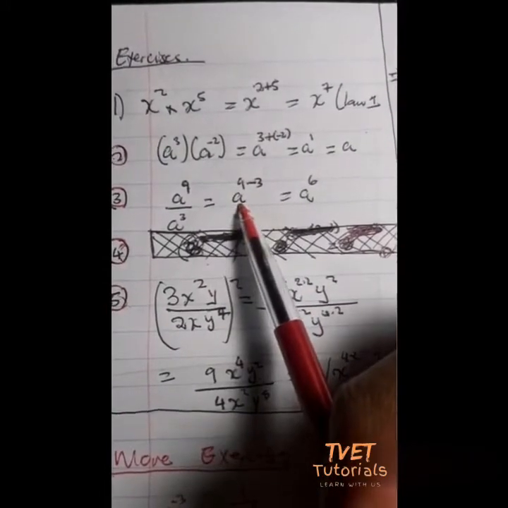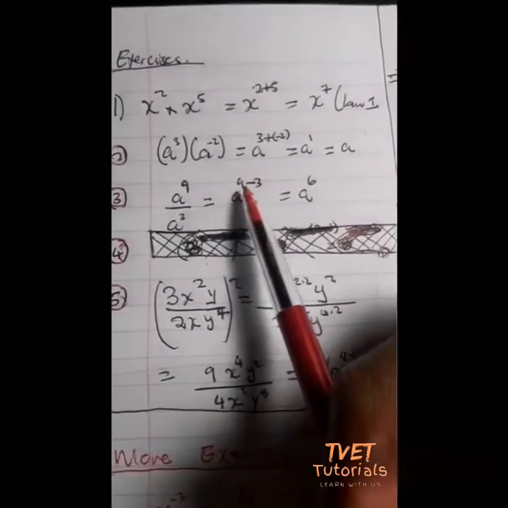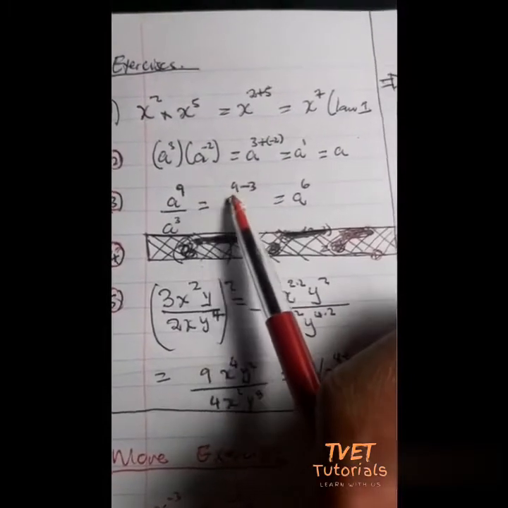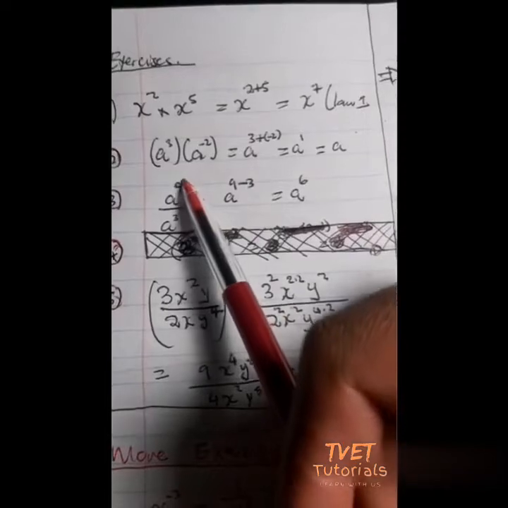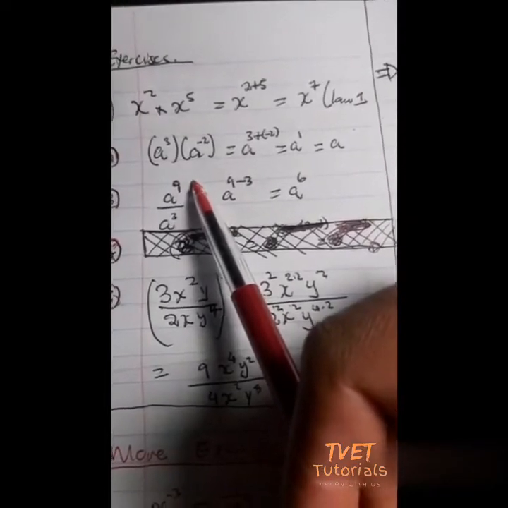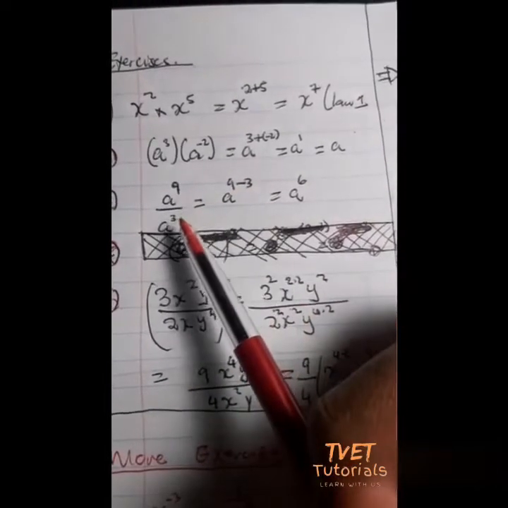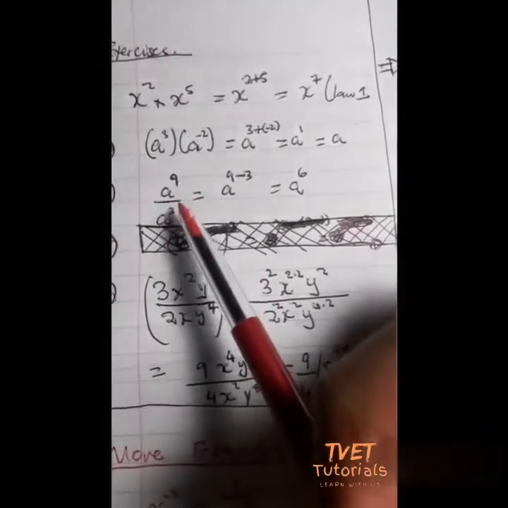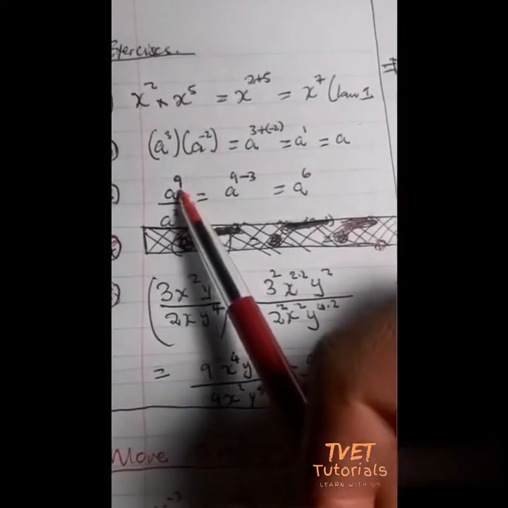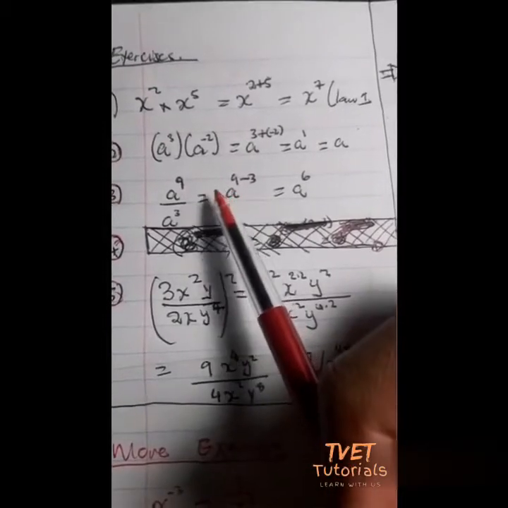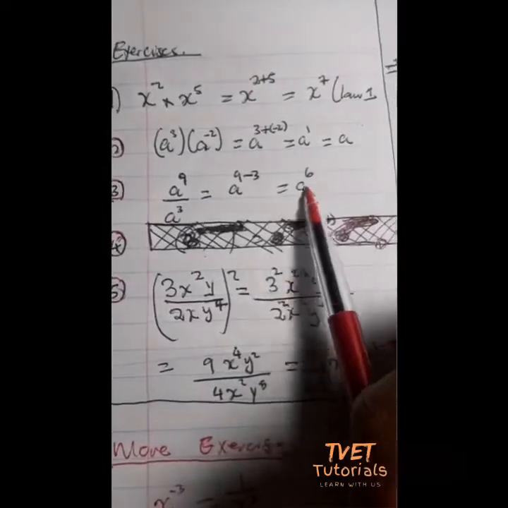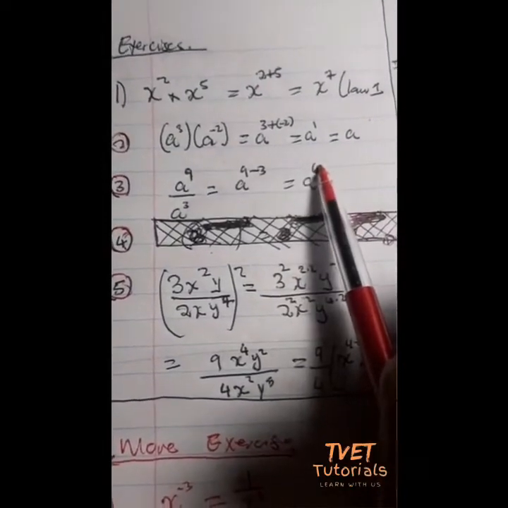So the common base becomes a raised to the power 9 minus 3. It's always the power of the numerator minus the power of the denominator. Don't swap these two around, because if you do, you'll get a wrong answer. So it's a to the power 9 minus 3, which is equal to a to the power 6.